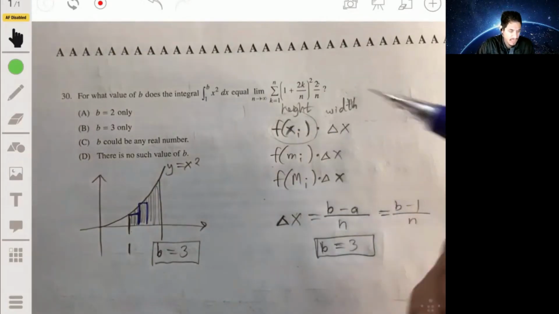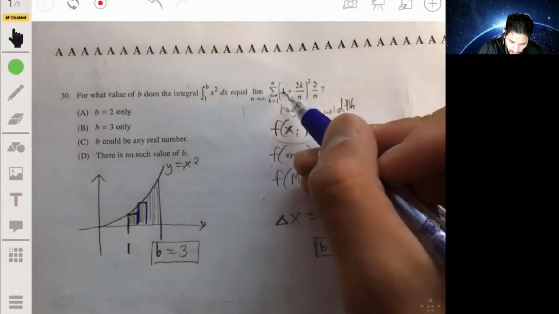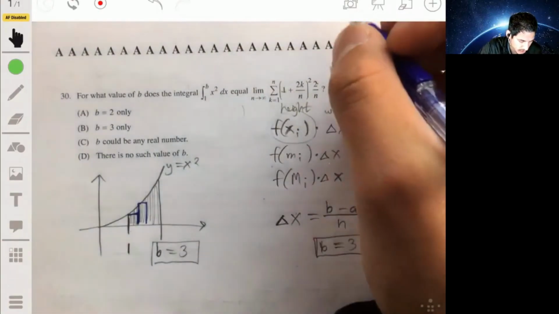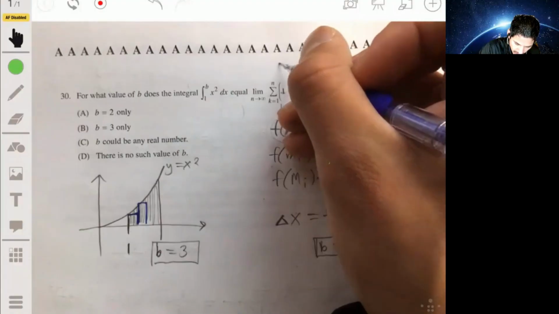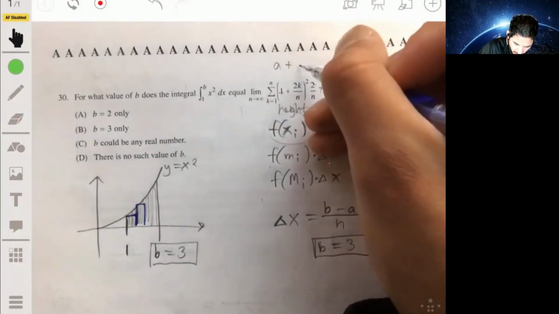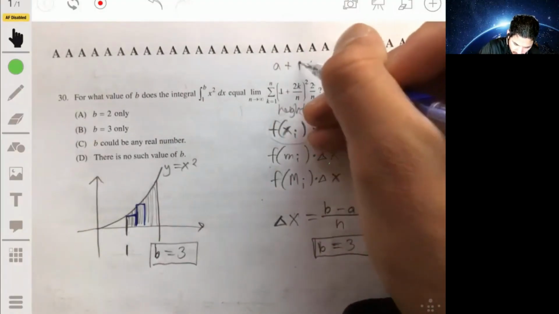You can get more elaborate and more detailed by recognizing that this will be one of the endpoints, where you have a plus i times delta x.